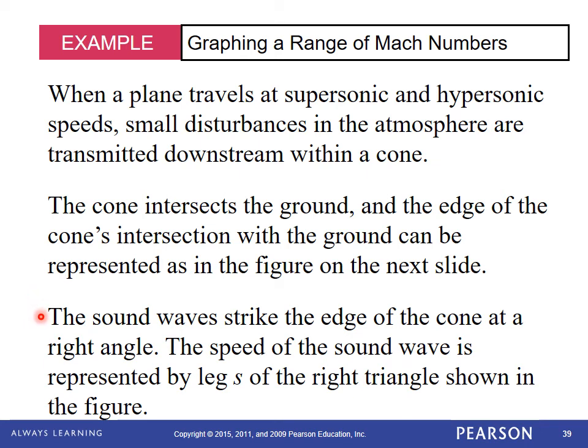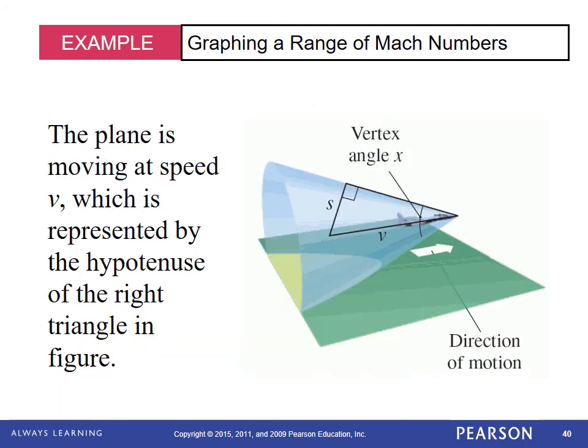The sound waves strike the edge of the cone at a right angle. The speed of the sound wave is represented by leg S of the right triangle in the figure. So let's see if this picture is going to give us some more clue. What in the world are we talking about? If we're talking about a jet, the plane moving at a certain velocity is represented by the hypotenuse of the right triangle in the figure here.